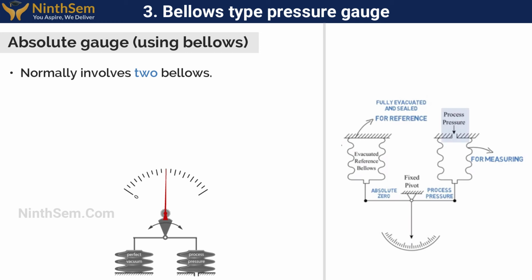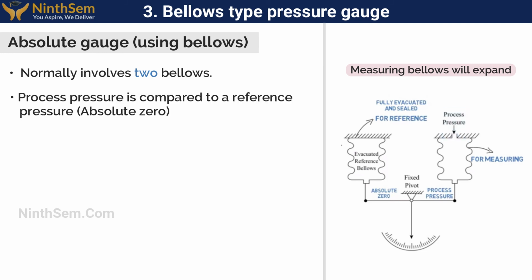When the process pressure to be measured is allowed to pass through that opening, the measuring bellows will expand. So the pressure of the media to be measured is compared against the reference pressure, which is absolute 0.